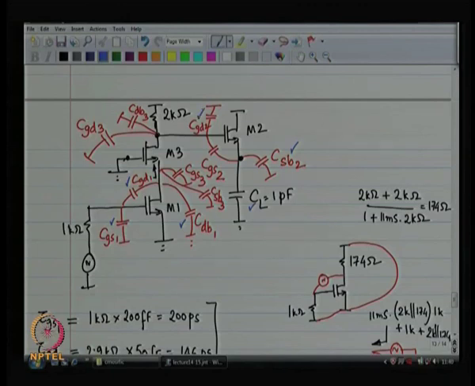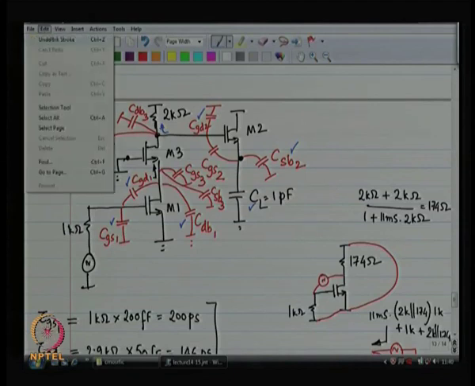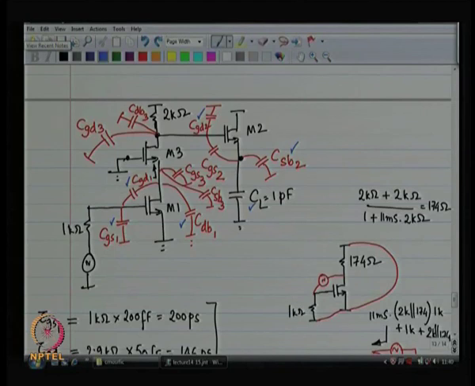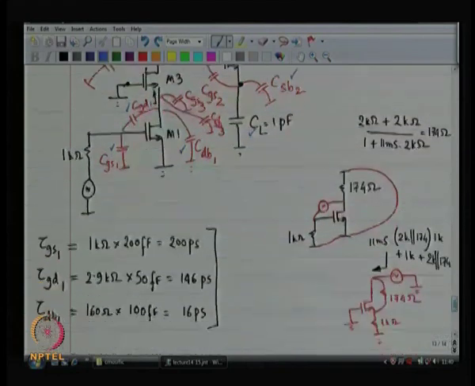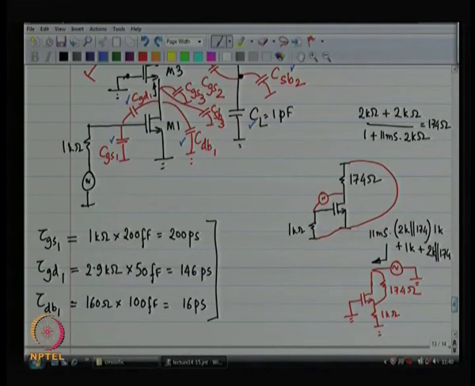See gate to drain of device number 2. What is the impedance presented at the gate of M2? What is the resistance presented at the gate of M2? Looking into the gate, of course, you see infinitely large resistance. Looking over here, you see 2 kilo ohms, and looking downwards into the drain of M3, you see a large resistor, whatever is the value.